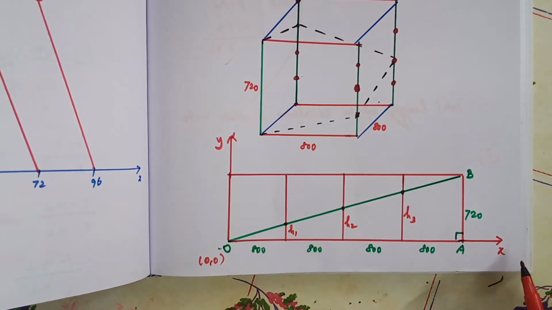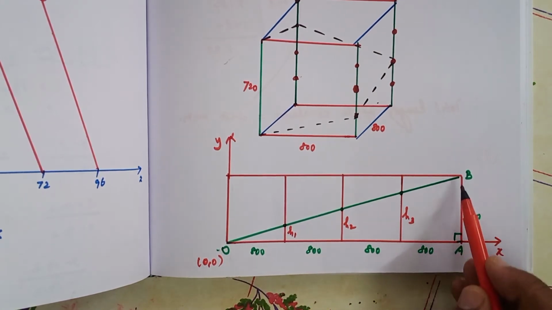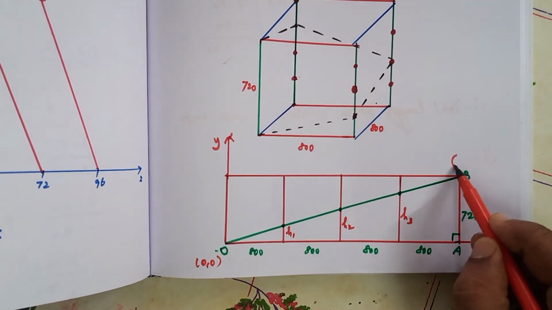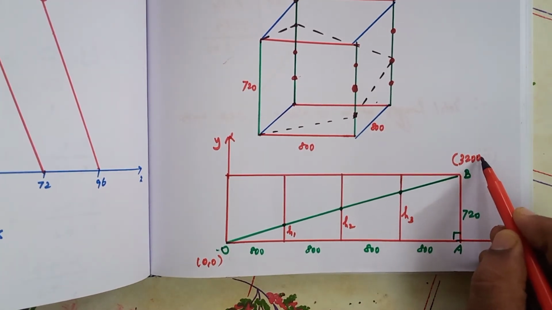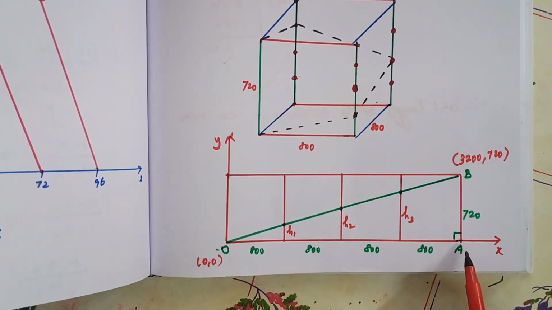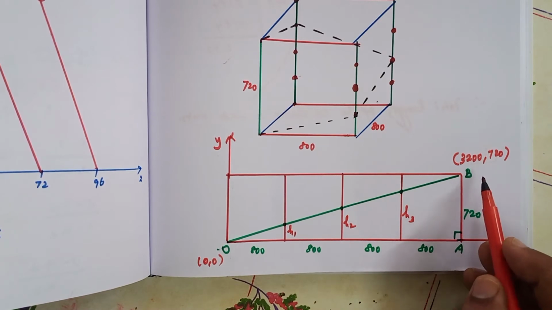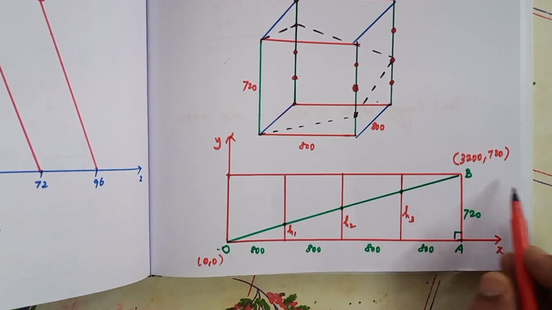What point is it? From here to here, the length is 4 times 800, that is 3200. This is 720. So what point is it? 3200, 720. With the help of the 2 points, we can get the equation of OB.